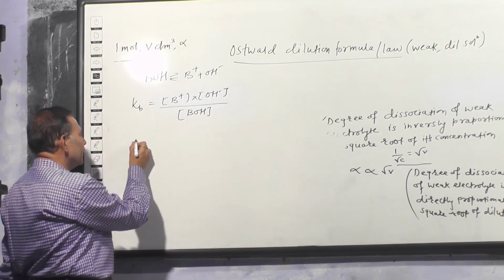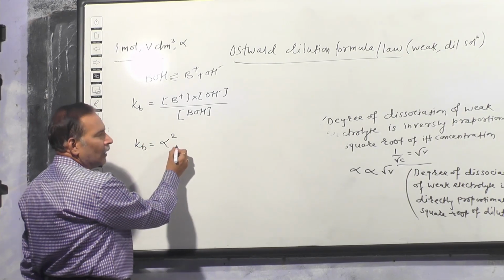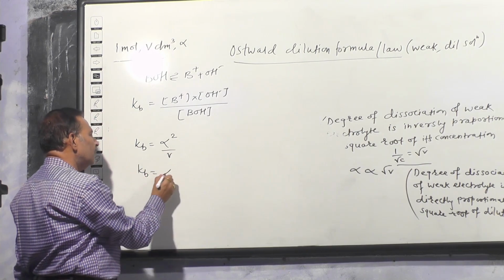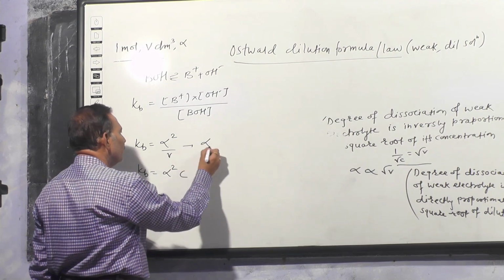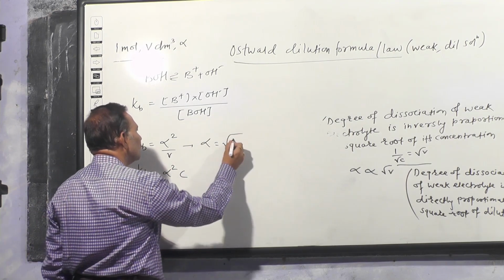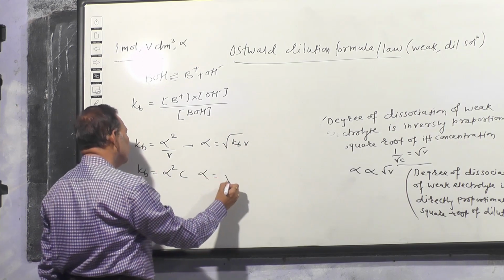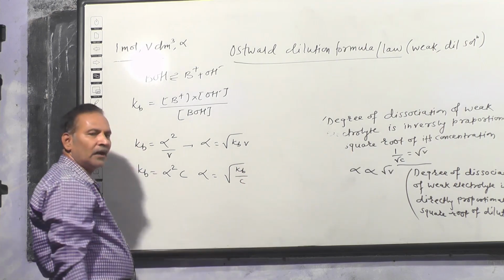We finally get Kb is equal to alpha square upon V. Kb is equal to alpha square into C. This gives alpha is equal to root of Kb into V. This gives alpha is equal to root of Kb upon C, similar to the acid.